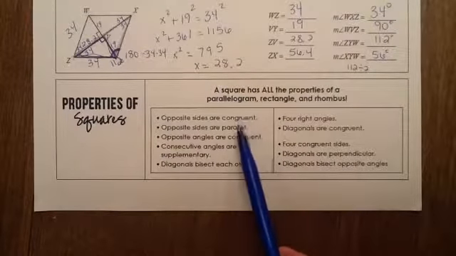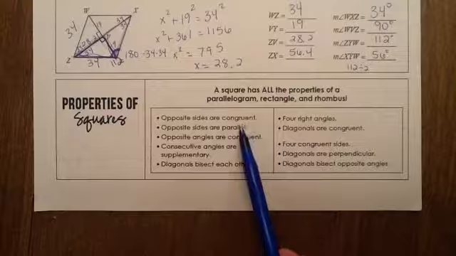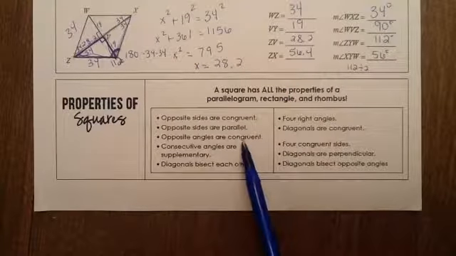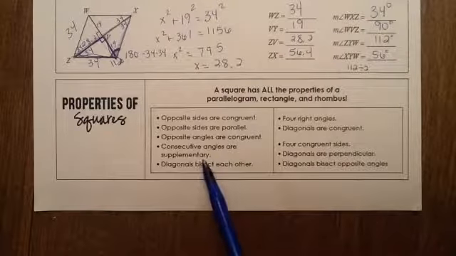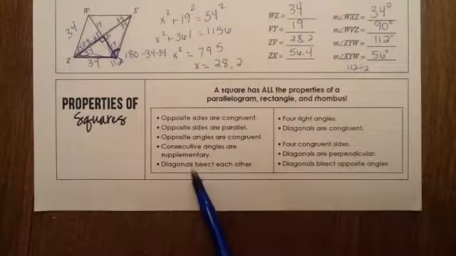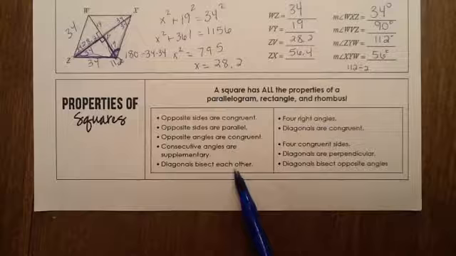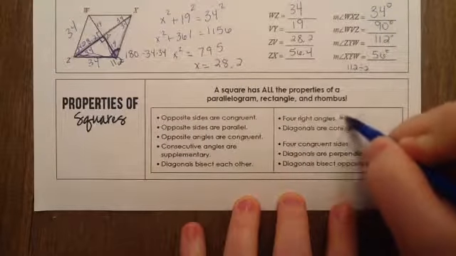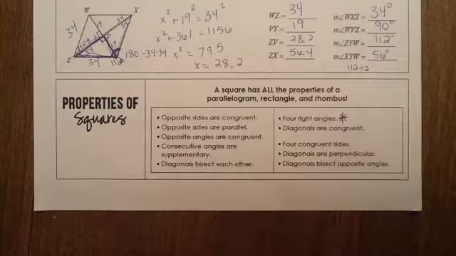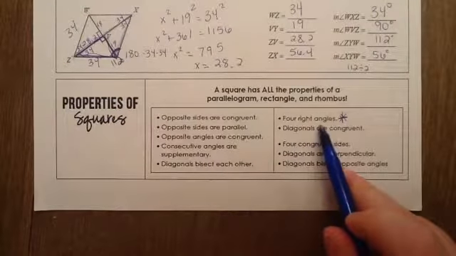All right, opposite sides, just like we've always been talking about, are congruent and parallel. Opposite angles are congruent, consecutive angles on the same side add up to 180, and diagonals bisect each other or cut each other in half. There are 4 right angles, so this is the difference between a square and a rhombus.